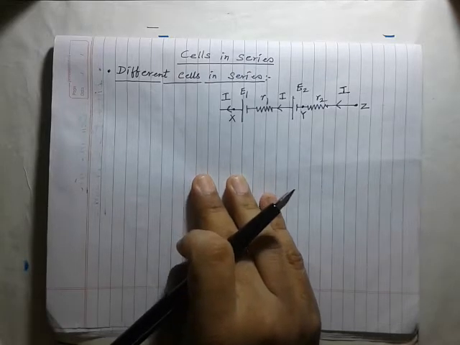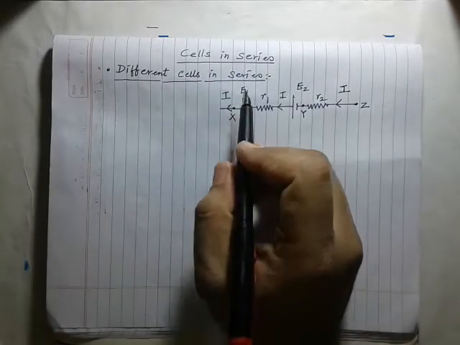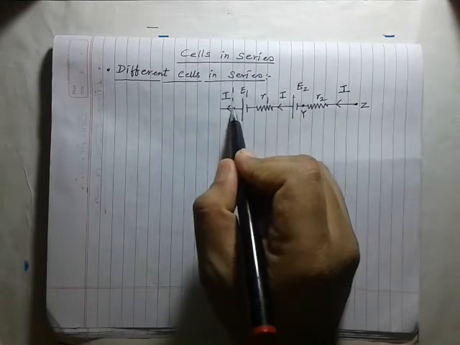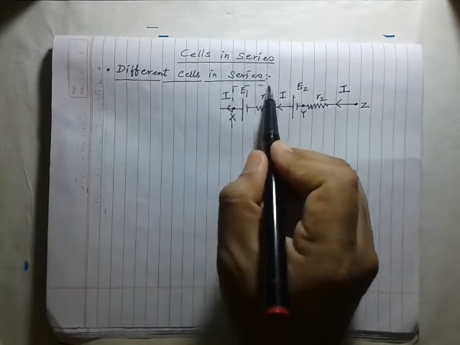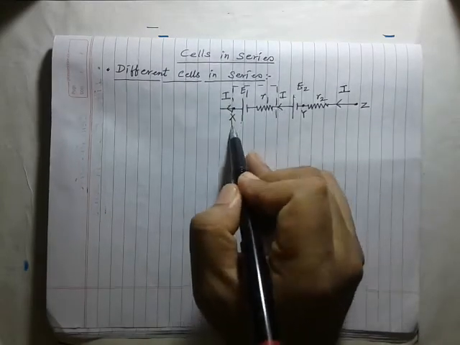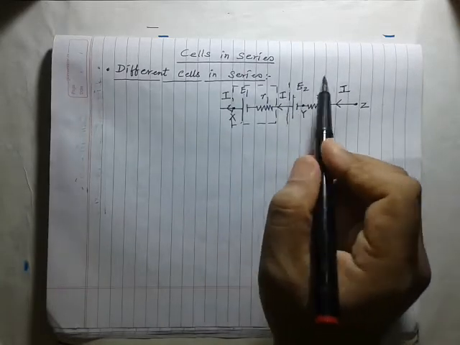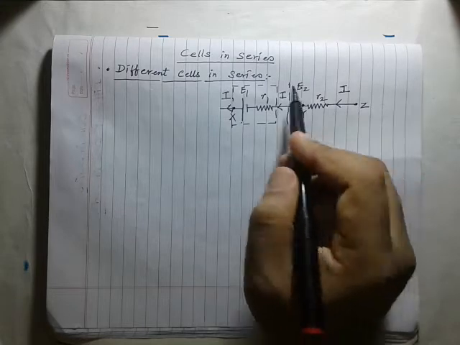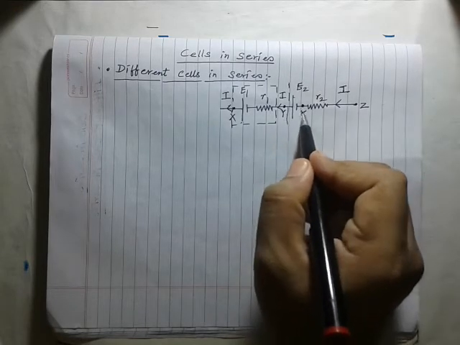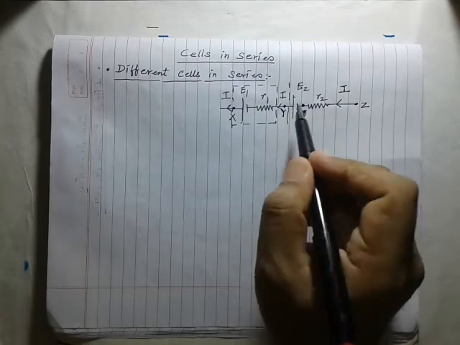Now these two are cells. Actually you can put it in a box. Sorry, this is not Y, this is the Y. By mistake I wrote it here, this is not the Y, this is the Y here.